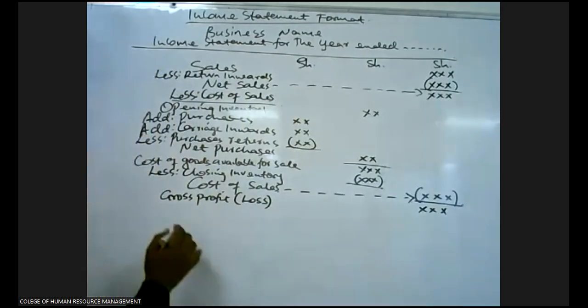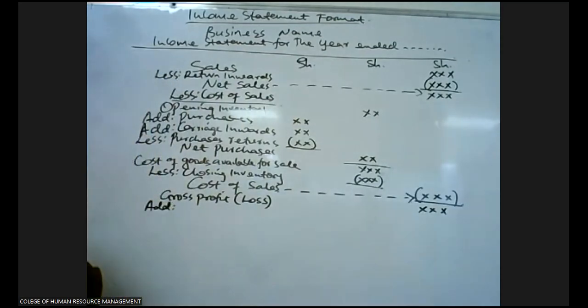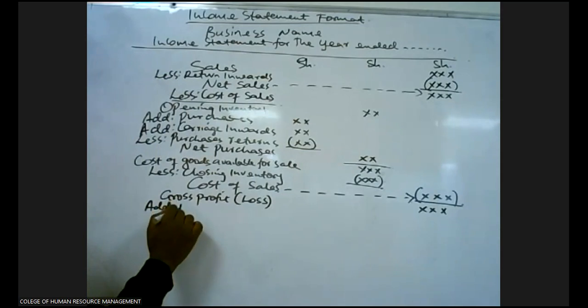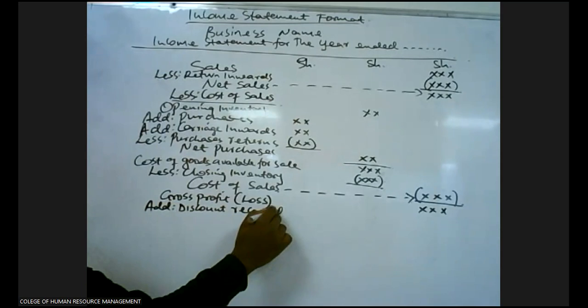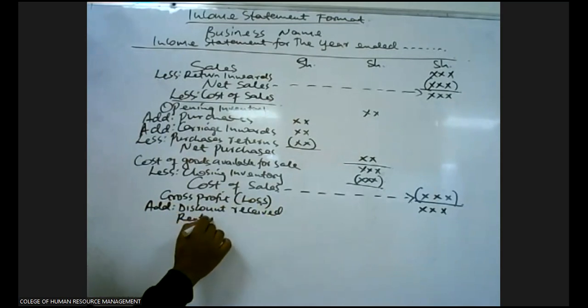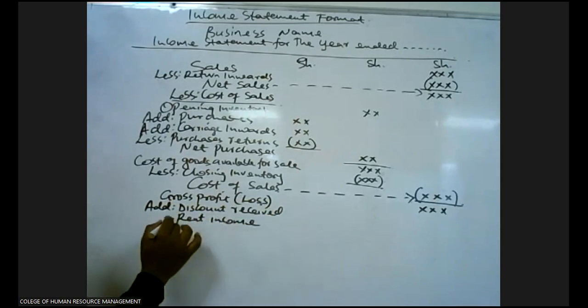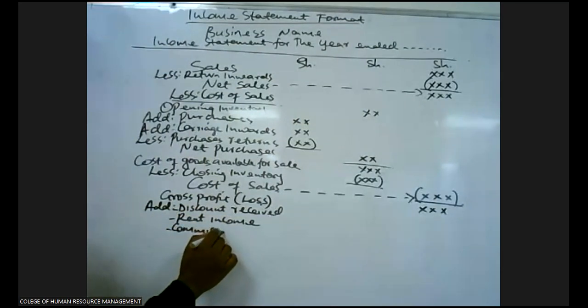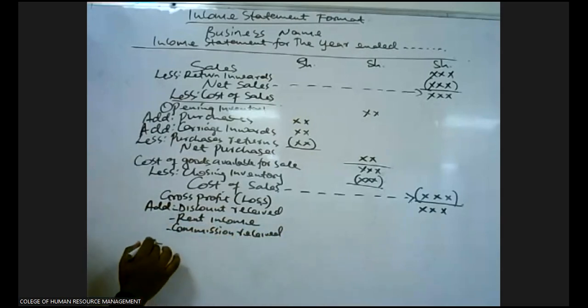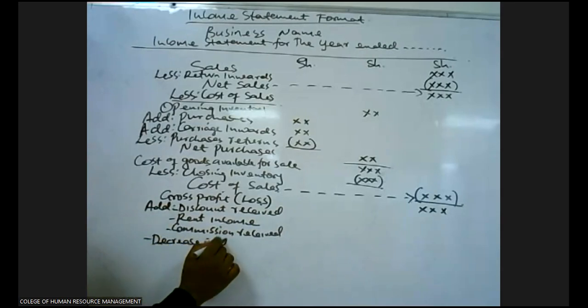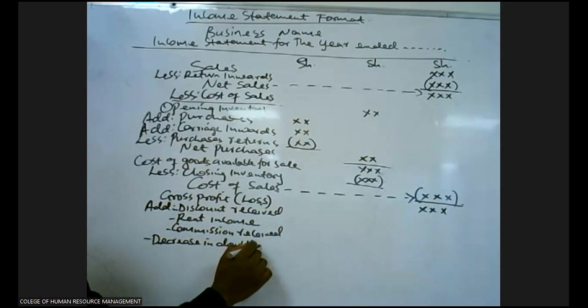Then here you add other incomes. What are the other incomes? One of them is the discount received, rent income or rent received. You also have commission received. The other one is decrease in doubtful debts, among others.